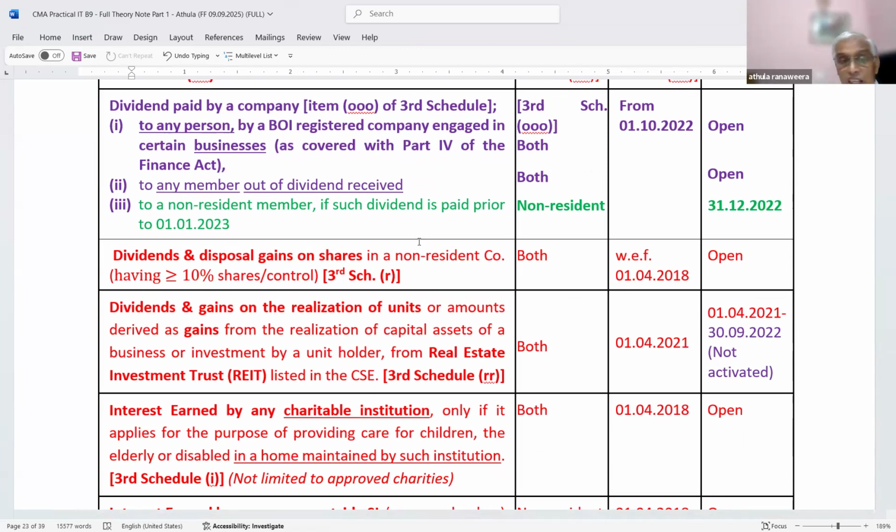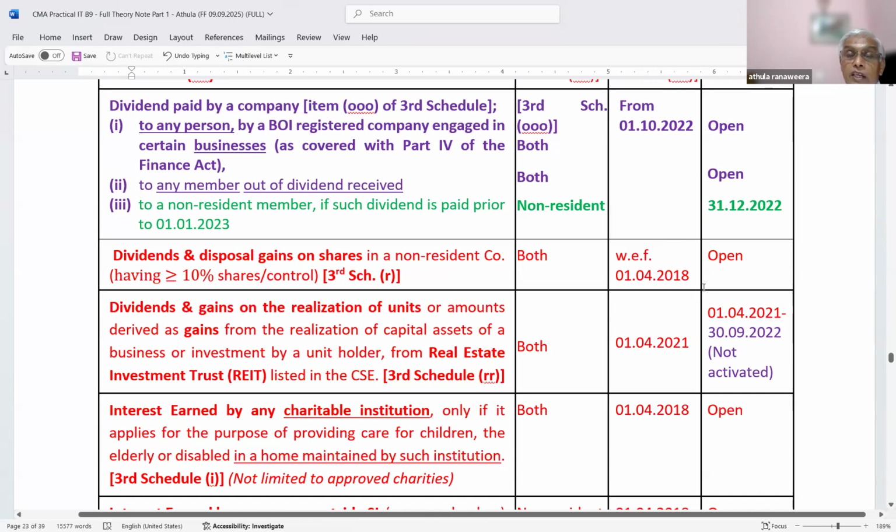When I dispose of those shares, the entire gain, when I bring the entire gain to Sri Lanka, is capital gain tax-free. Then, while keeping it, if I get dividends, that is also tax-free. It is open yet.